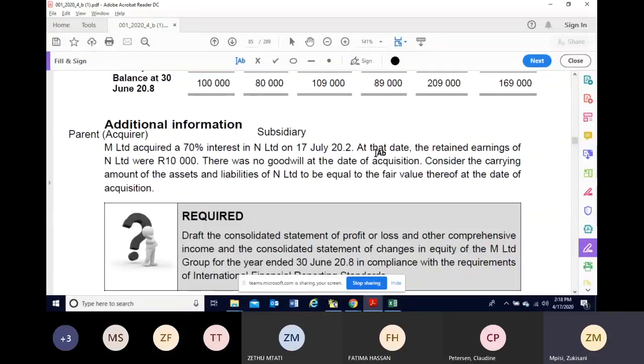At that date, 17 July 2002, the retained earnings of NLTD were 10,000. Retained earnings was only 10,000. There was no goodwill at the date of acquisition. Consider that the carrying amount of the assets and liabilities of NLTD to be equal to the fair value, therefore, at the date of the acquisition.